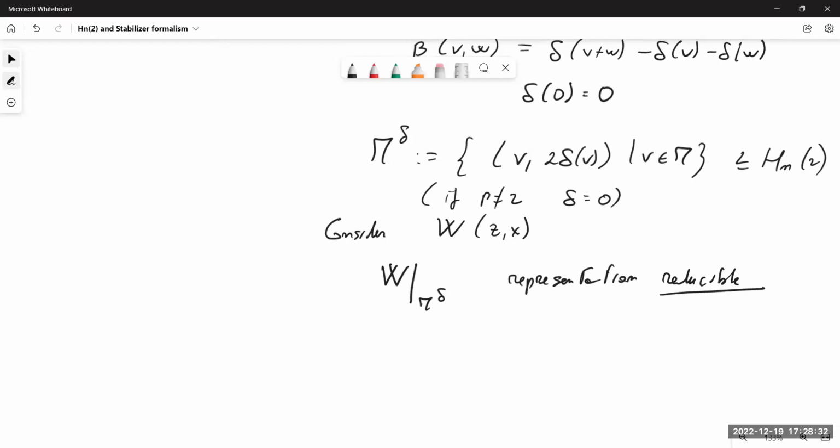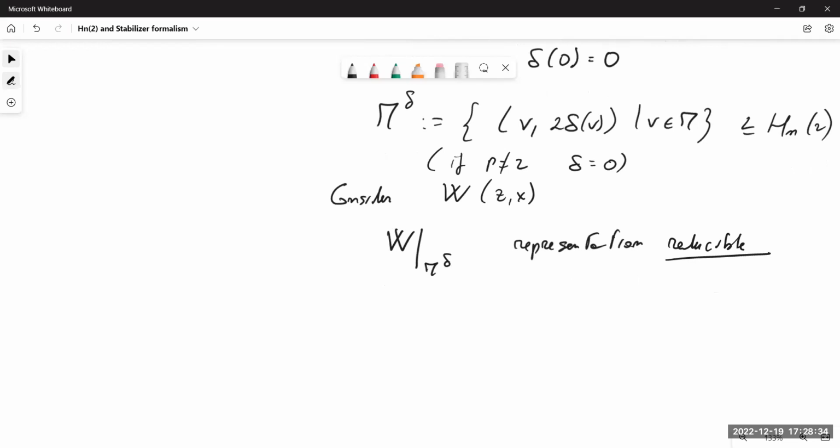In particular, this representation decomposes into characters of M_alpha. Let's call this character xi.